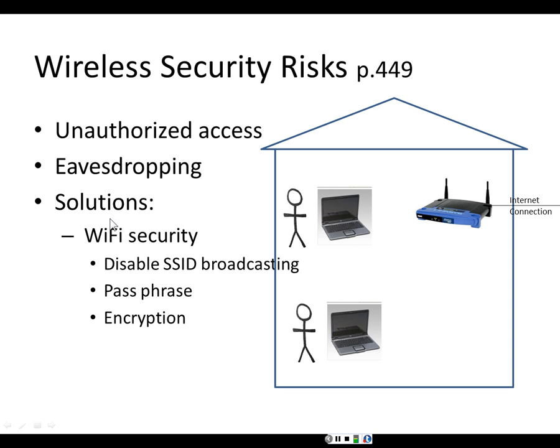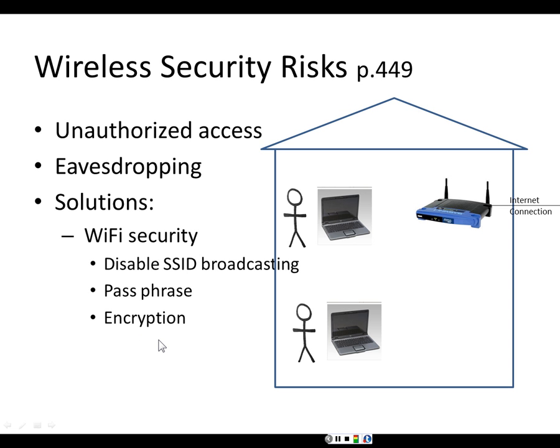To protect against those threats, we implement Wi-Fi security, which includes disabling service set identifier broadcasting on the wireless router, entering a passphrase. People have passwords, and pieces of hardware have passphrases. So we put the same passphrase on the wireless access point and on the user's workstation, and then enable encryption.